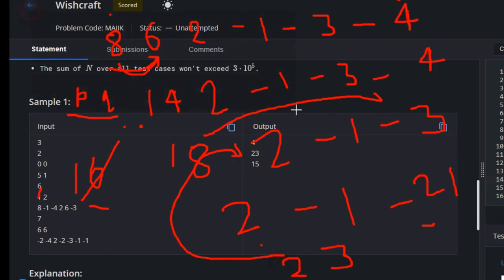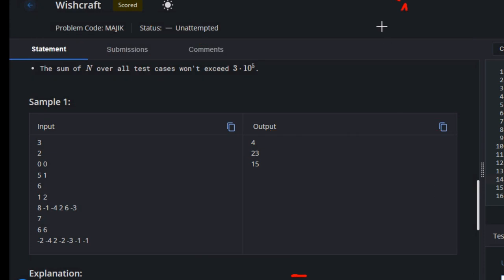Let's see one more example for better understanding. We have this array, so we can sort it. It will be 2, minus 1, minus 1, minus 2, then minus 2, minus 3, minus 4. In the first operation, what will be beneficial?